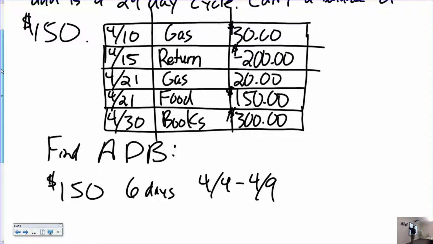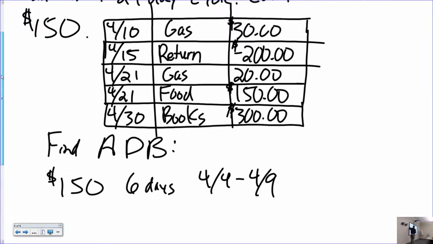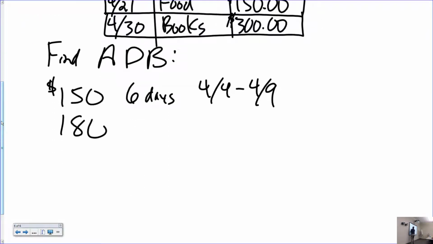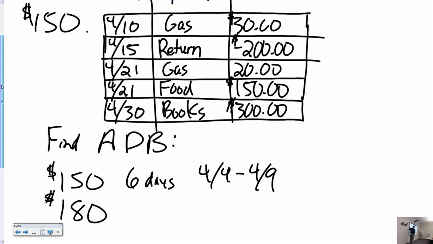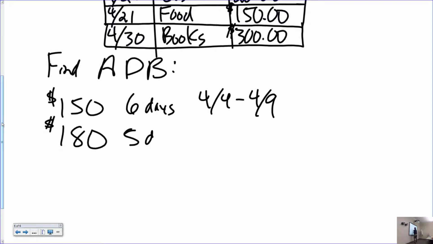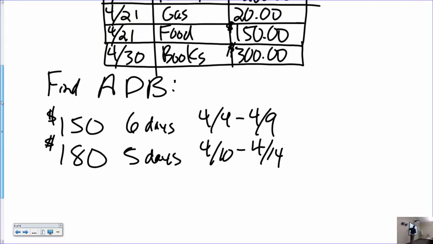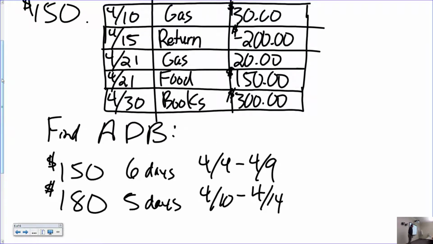All right, what's my next number? For 5 days, from the 10th to the 15th, 5 days. All right, now be savvy with this. What's the next number? It's technically a negative $20. Yes, it is, and it is a negative $20.